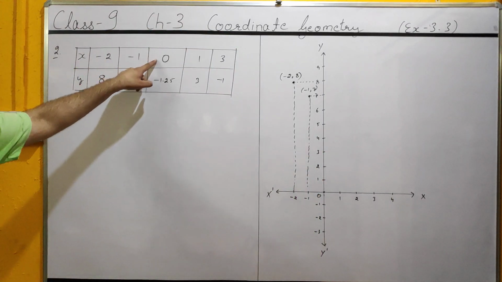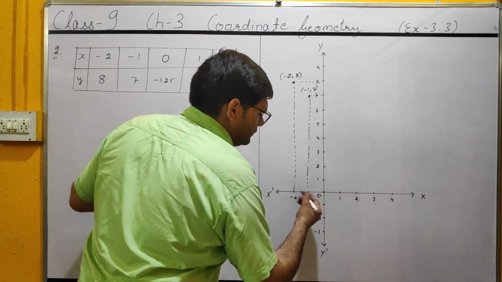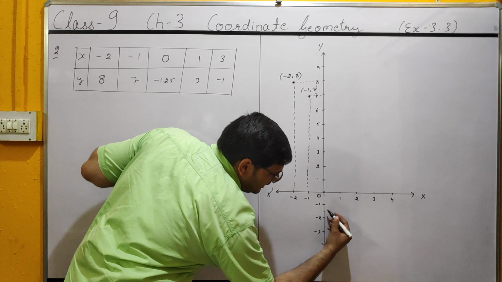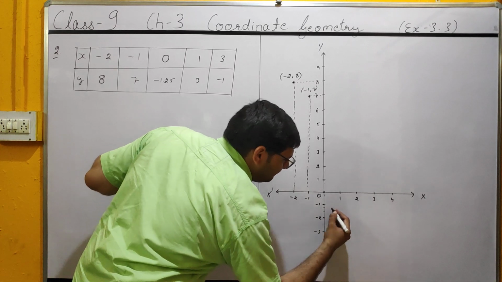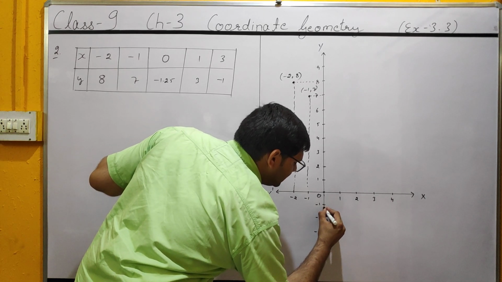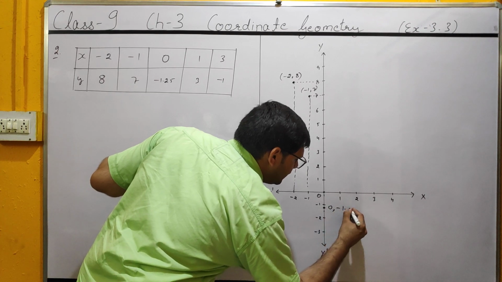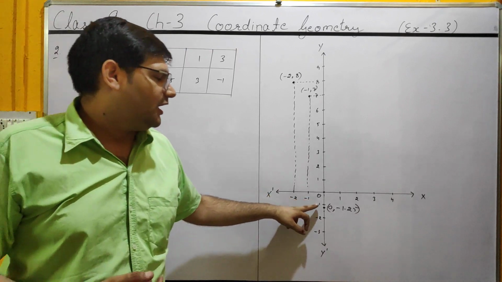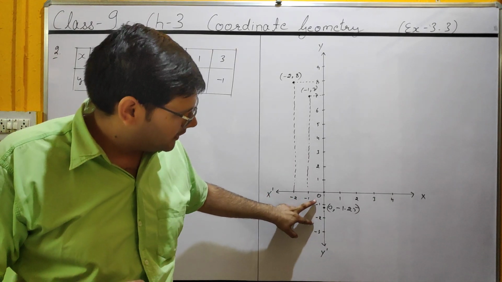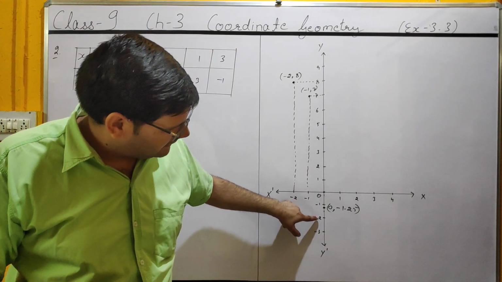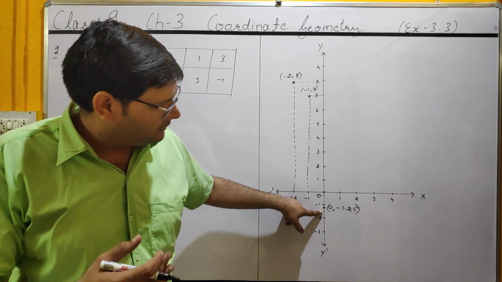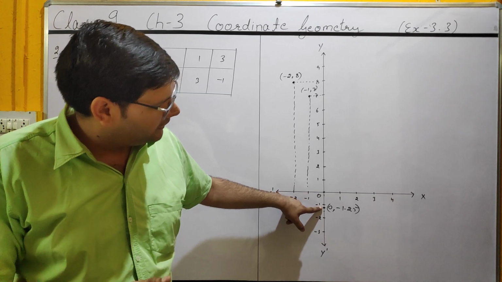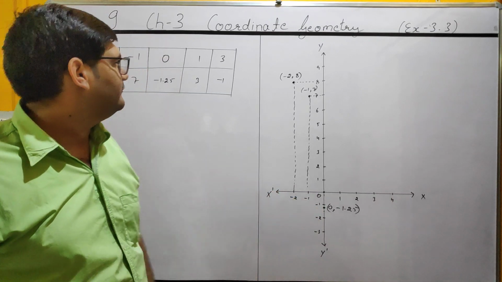Next, 0 and -1.25. Here it is 1.5, so half of that will be this point, this is 0, -1.25. 1.25 is half of 2. So -2 was here, then till here it will be -1.5, and then half of it, -1.25.